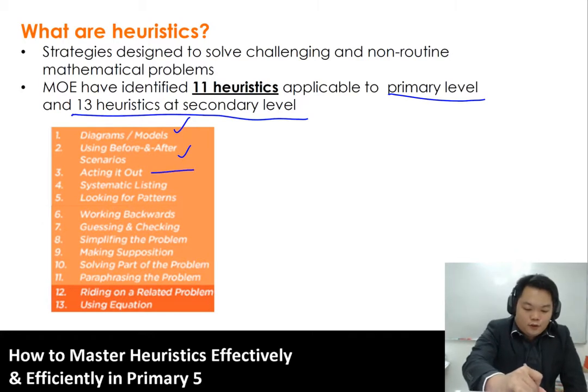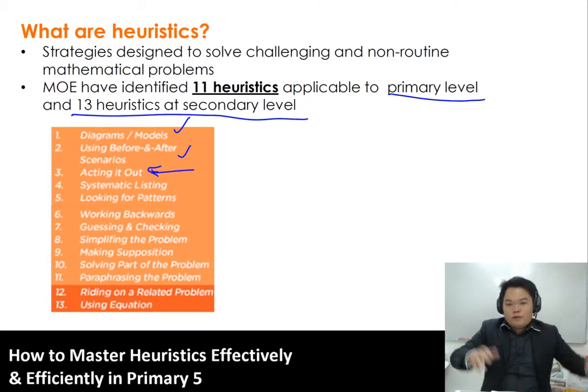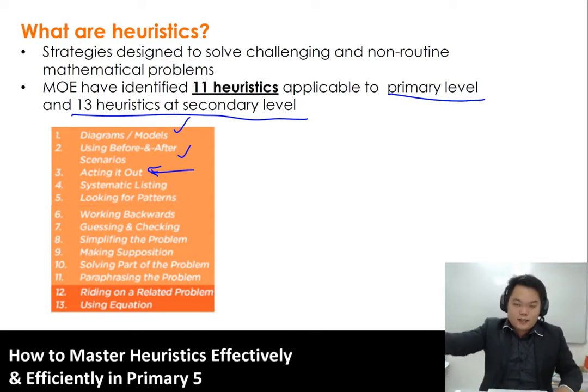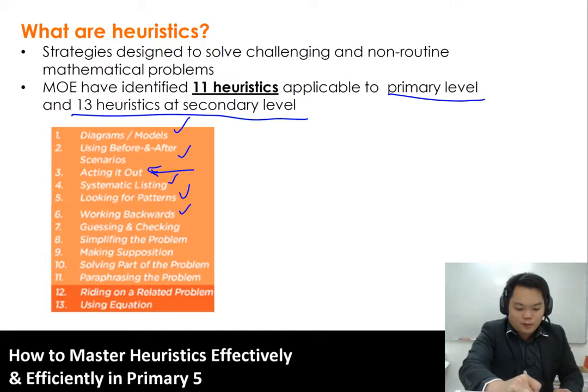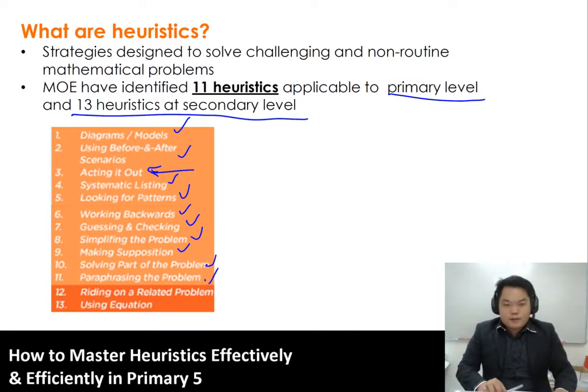Acting it out is more for lower primary, for them to walk through the whole concrete process and appreciate the flow of the problem, so that when the questions get more complex, they can draw on that experience to understand it better. Systematic listing, looking for patterns, working backwards, guessing and checking, simplifying the problem, making supposition, solving part of the problem, and paraphrasing the problem.